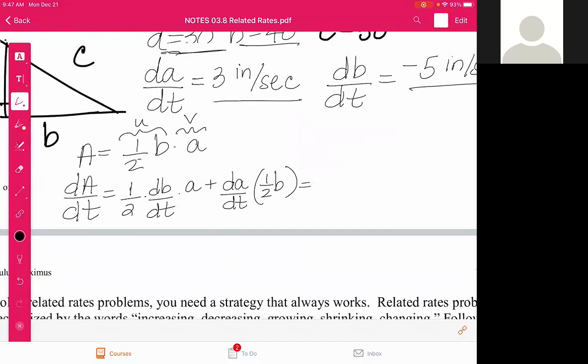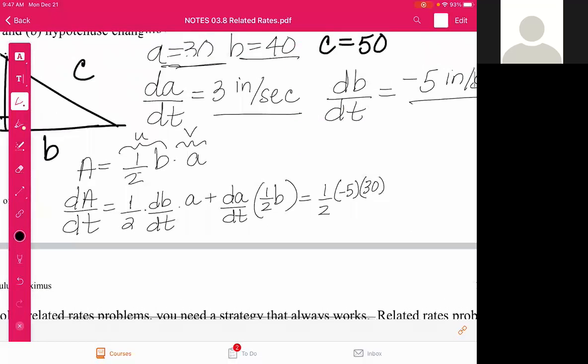So this will be 1/2 times dB dt, which is -5, times a, which is 30, plus dA dt, which is 3, times 1/2, times b, which is 40.